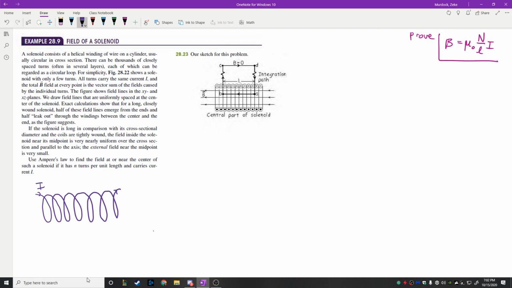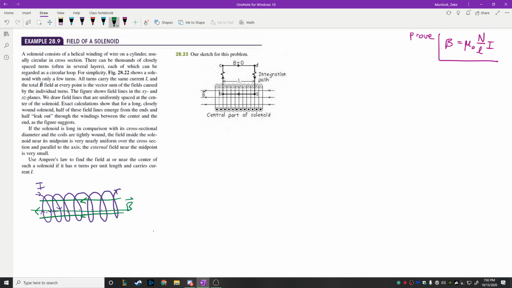The current flows like this, up this way, in this way, up this way, and each of those little wires are loops, and we can say what the direction of the magnetic field produced by them is. In this case you get a magnetic field just as we see in that picture up there. It's going to be straight. So a solenoid has the advantage of producing a very uniform magnetic field inside of the solenoid.